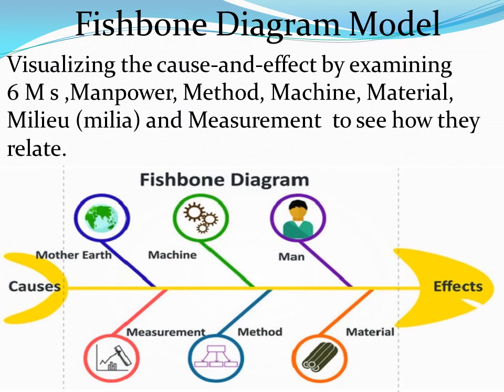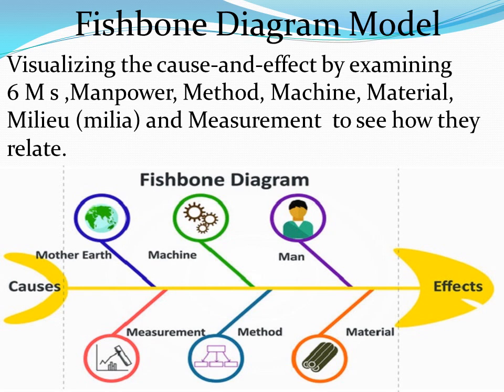Okay, the next tool is the Fishbone Diagram model or Ishikawa diagram model. In this model, a manager visualizes the cause and effect relationship between an organizational issue and its root causes.